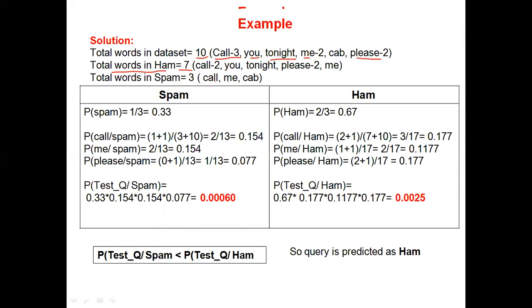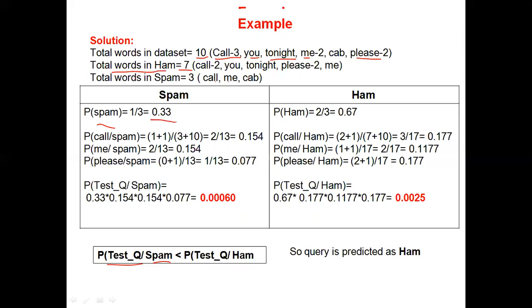Now we can see the solution here, how you can calculate the probability of my query point for the class labels spam and ham. And we check for the maximum probability. So the probability of spam is equal to 1 by 3, right? So 1 document is there out of 3 for this spam label type.